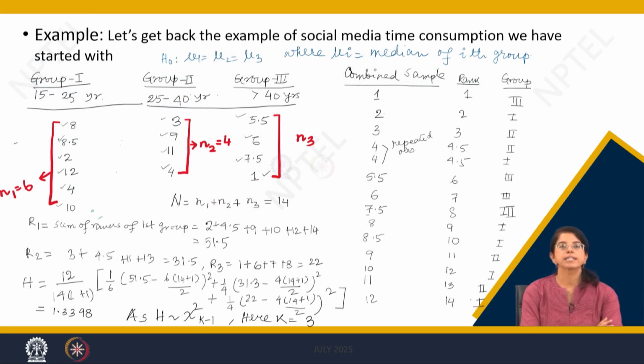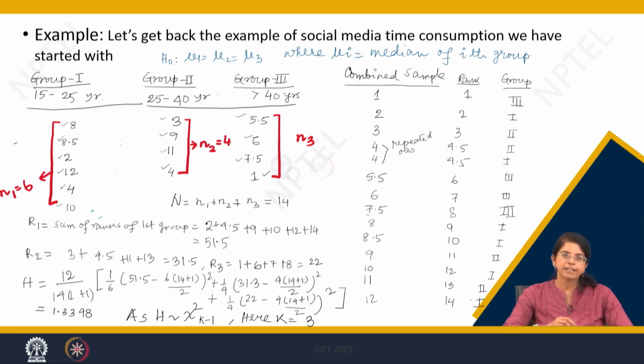Let us get back to this example. We have started with this example. There are 3 groups of age and mu 1 is equal to mu 2 is equal to mu 3. Let us say that mu i is the median of the ith group. Now, the calculation for Kruskal-Wallis is not very difficult, but it is lengthy.